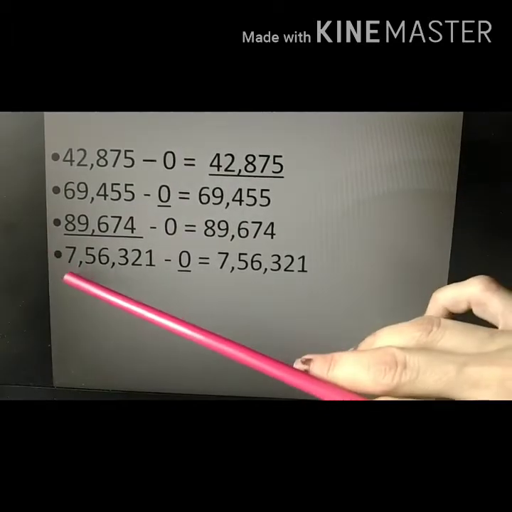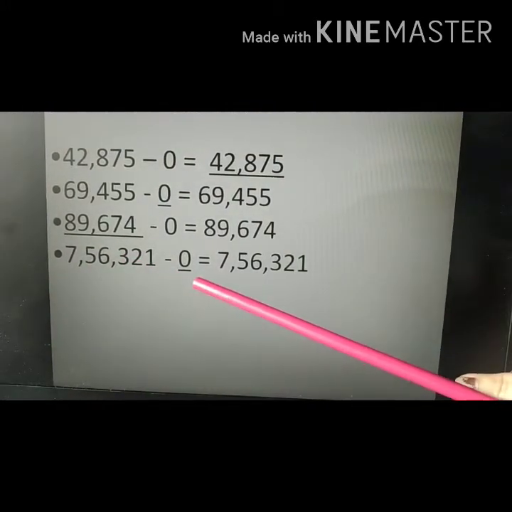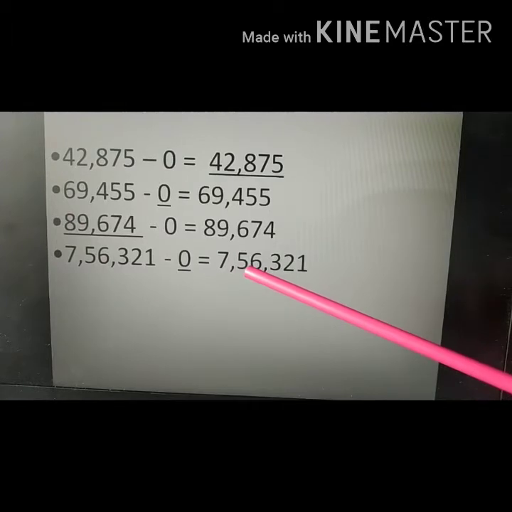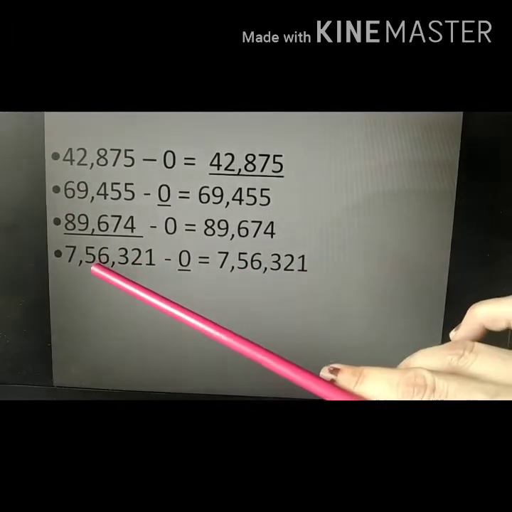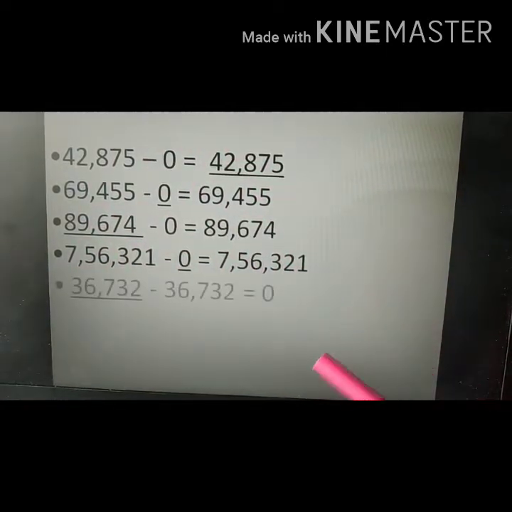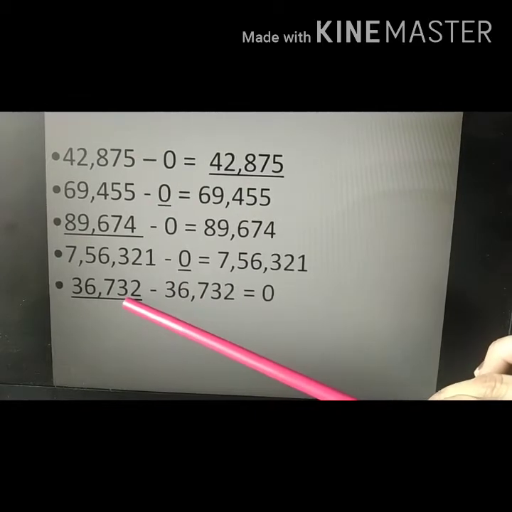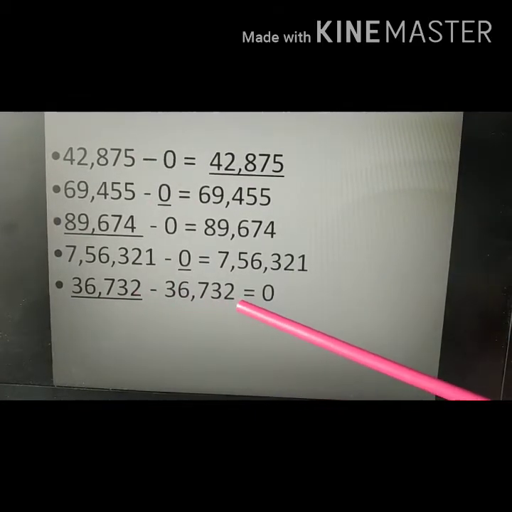Next is 7,56,321 minus dash is equal to 7,56,321. When we subtract 0 from the number, we get the number itself. Next is 36,732 minus 36,732.